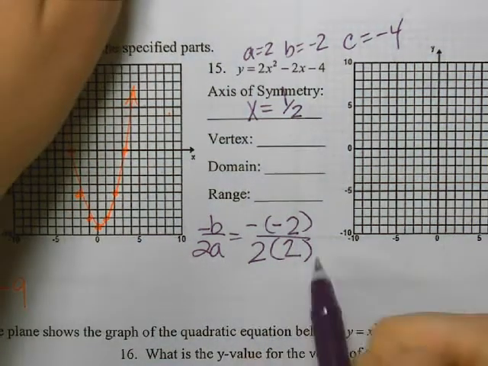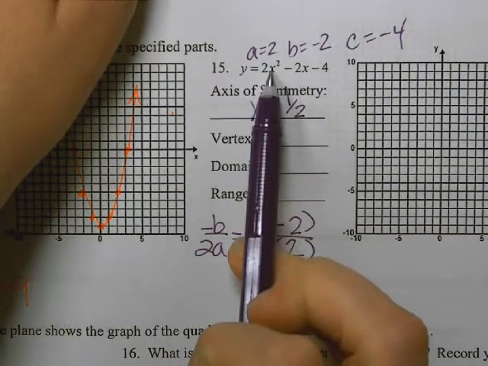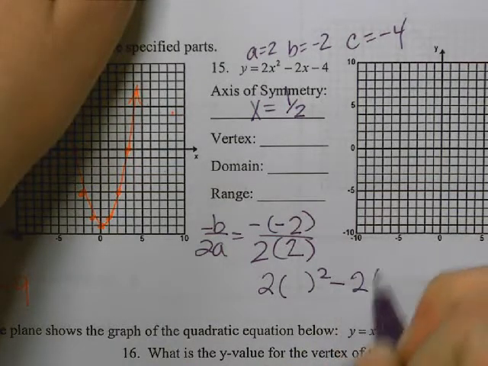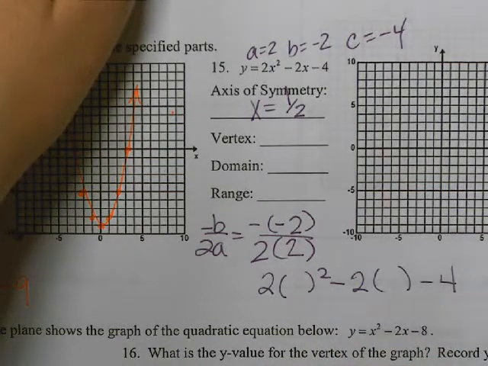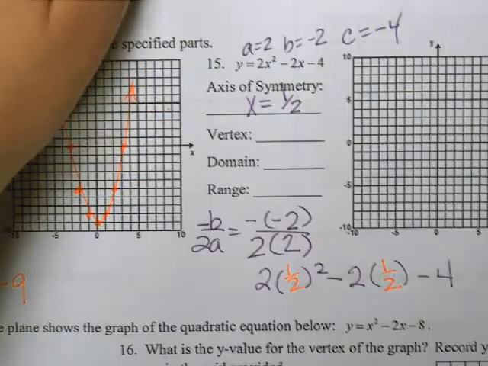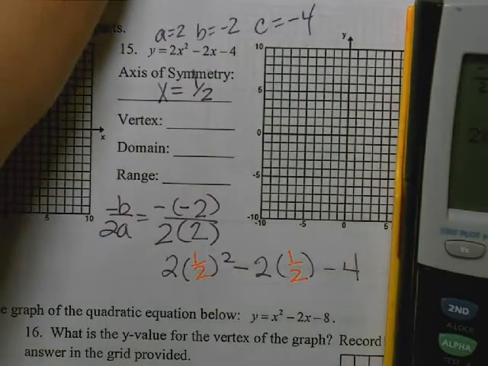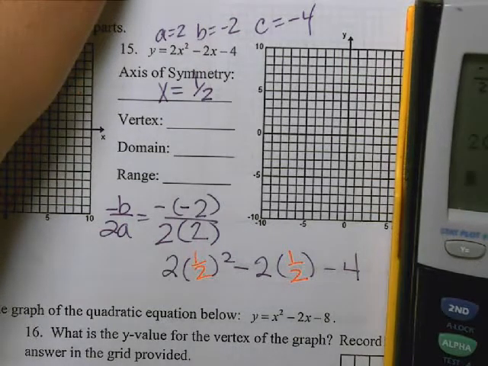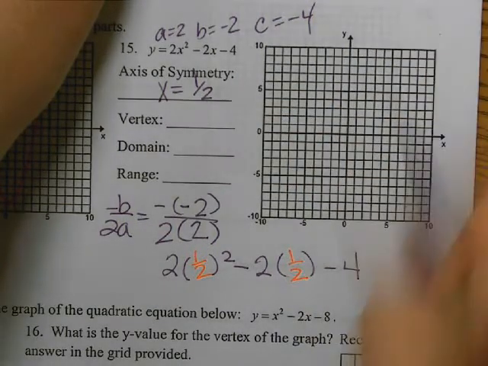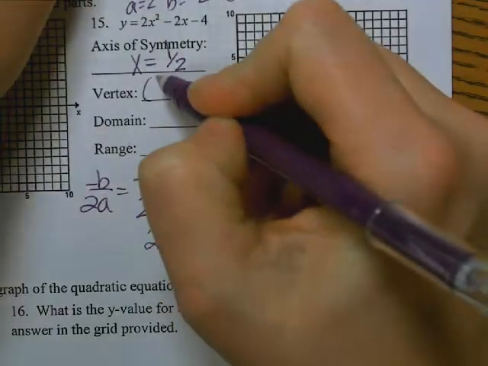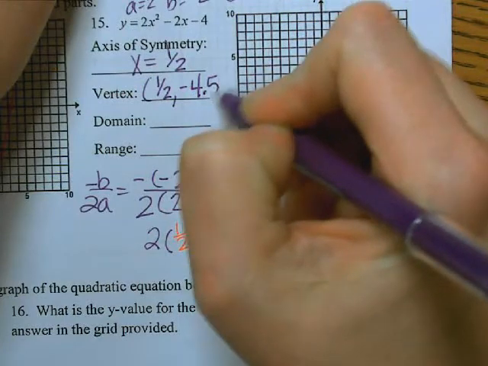To find the vertex, because it's not a whole number, you're going to have to plug it into the equation. So you say 2 parentheses minus 2 parentheses minus 4. And this 1/2 is going to be what you plug into everywhere you see x. So then you say 2 parentheses 1/2 squared minus 2 parentheses 1/2 minus 4. And that's negative 4.5. So my vertex is 1/2 comma negative 4.5.